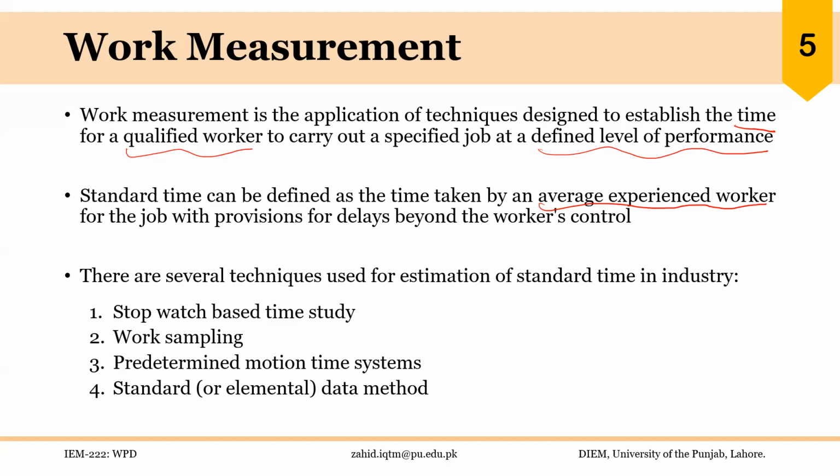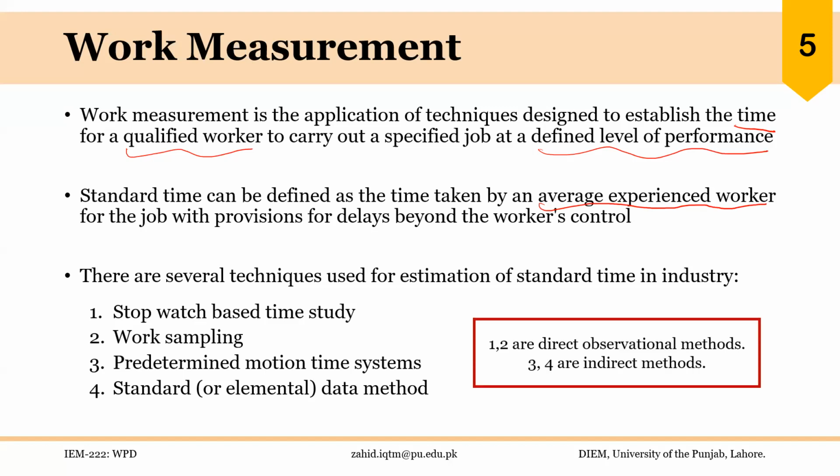There are several techniques used for estimation of standard time in industry. Stopwatch based time study is most common. That is what we are going to discuss today. Then there is work sampling, predetermined motion time systems, and finally standard or elemental data method. First and second, stopwatch time study and work sampling, are based on direct observation, while 3 and 4 are indirect methods.